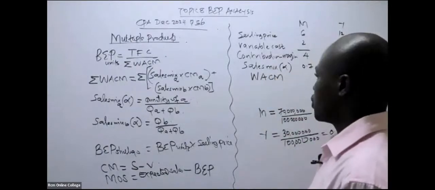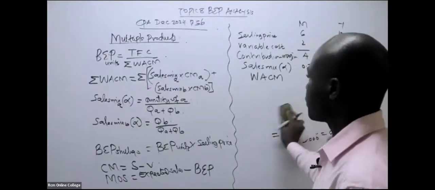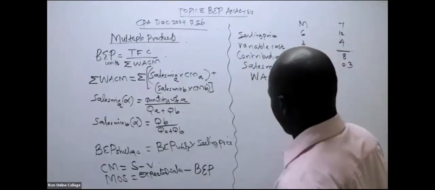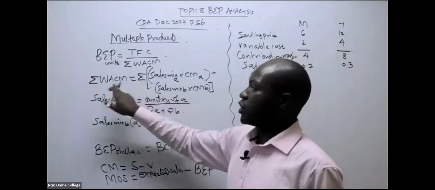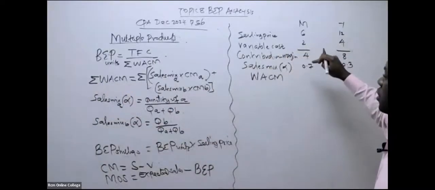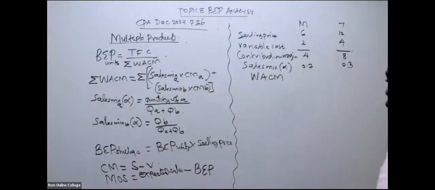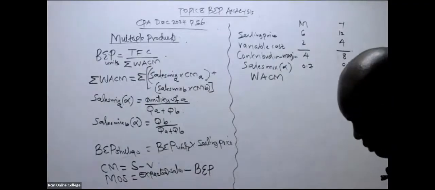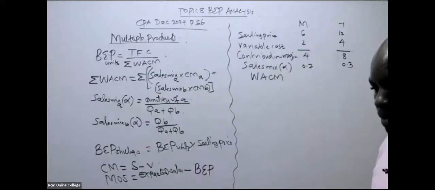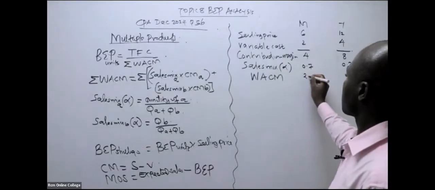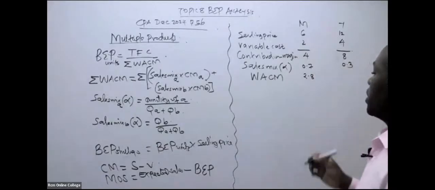So weighted average contribution margin, if I remove the element of summation, then of course I'll be having contribution margin times sales mix ratio. So what do we have for product M? 2.8.